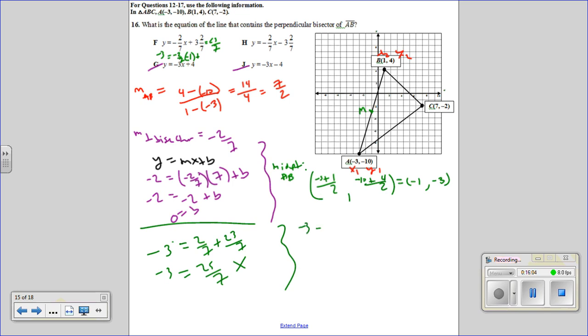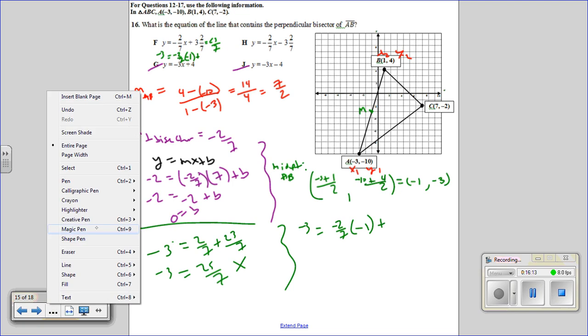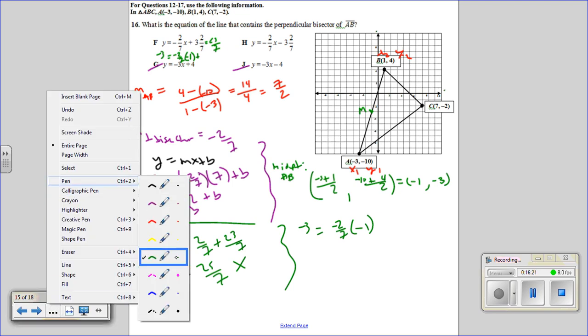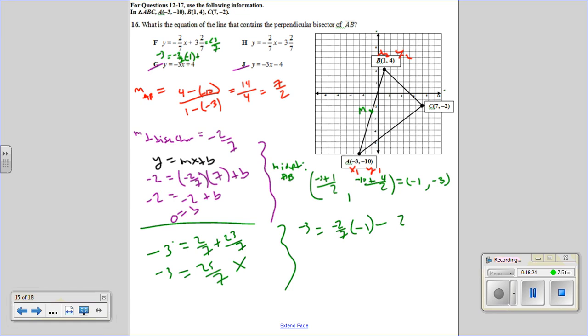So now let's see if it works in the other one. Again, negative 3 equals negative 2/7 times negative 1, minus 23/7 this time. So negative 3 equals positive 2/7 minus 23/7. 2 minus 23 would give you negative 21/7. Negative 3 equals negative 3.